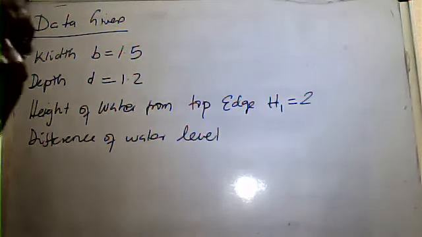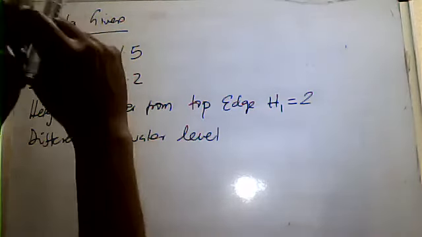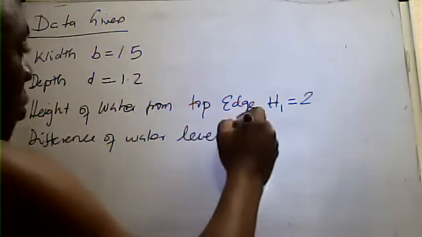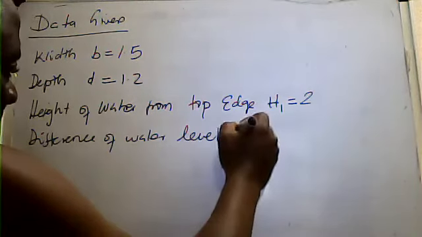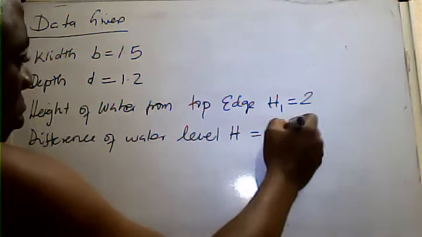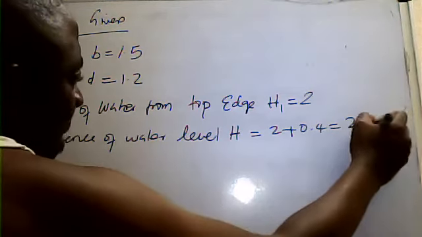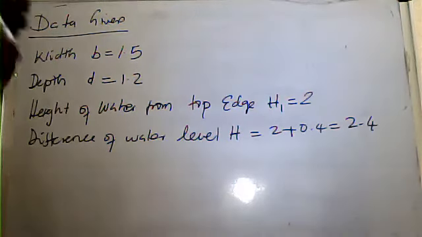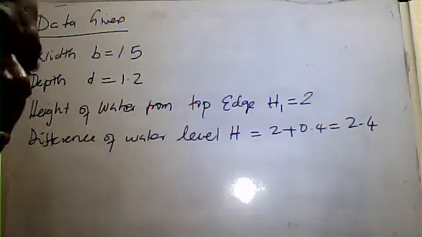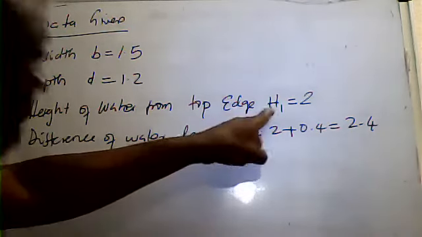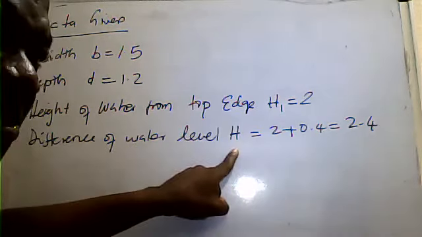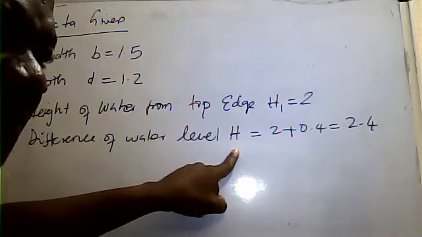So we have the 2 meters part, and there's another part where it is 0.4. So that is our H, which is 2 plus 0.4. So our H will be 2.4. Okay? So remember, there is H1 and there's also H. That description is very important.